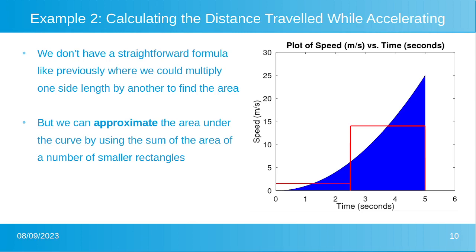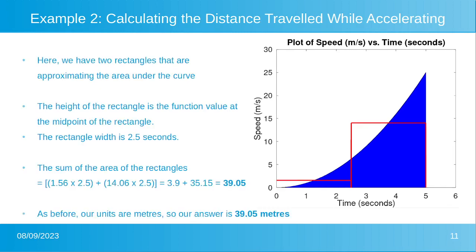So that first rectangle is representing the area underneath the curve in the first 2.5 seconds, and that second larger rectangle is representing the area underneath the curve in that second 2.5 second section. So here we have 2 rectangles that are approximating the area under the curve.